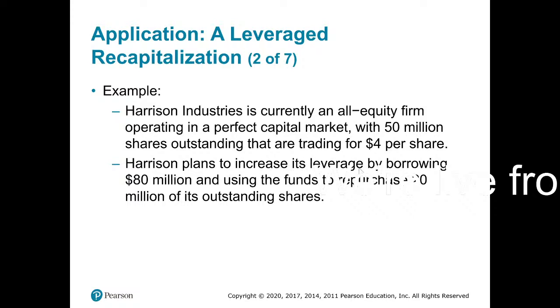So increase leverage, borrowing 80 million, and use that to buy back 20 million shares. When they do this, usually the company's stock price will increase. That's why share buybacks drive up the stock price. In the last few years, that has been the driver for the market.